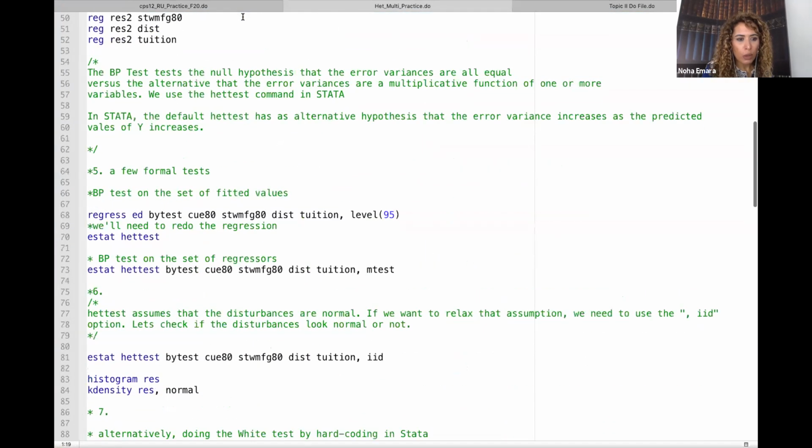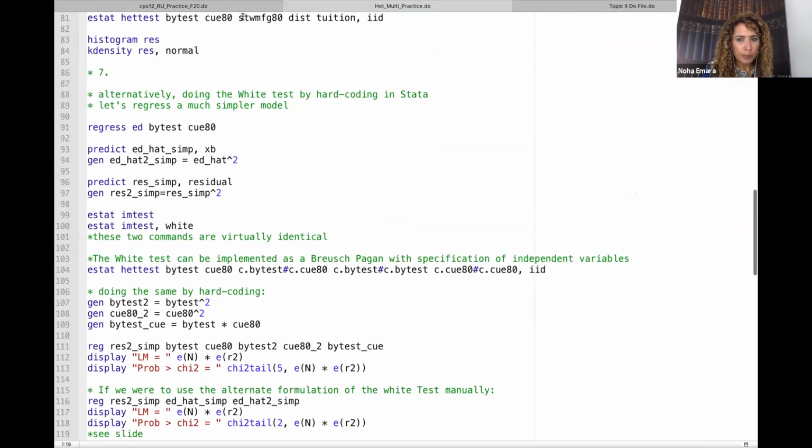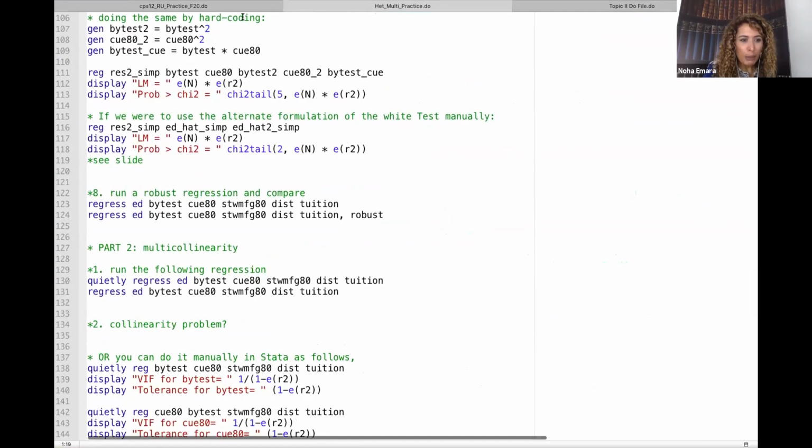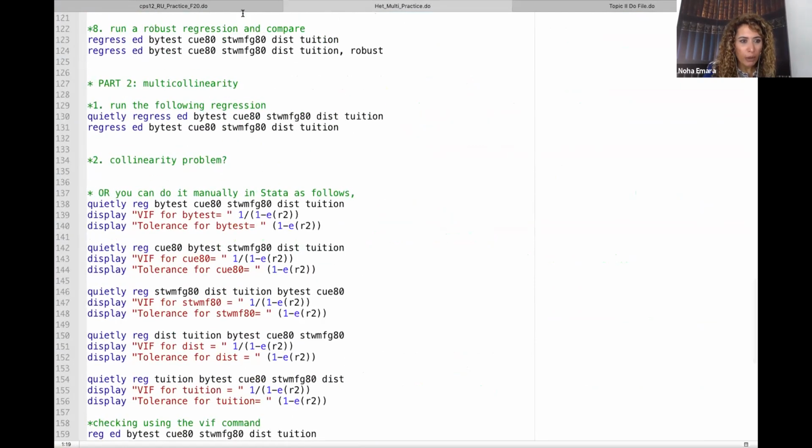I'm not going to ask you to memorize this, but let's check the multicollinearity part. As I said, if you just type VIF, you will be able to get the table. What if I want to do it manually, right? If I want to do it manually, I already gave you the equation.